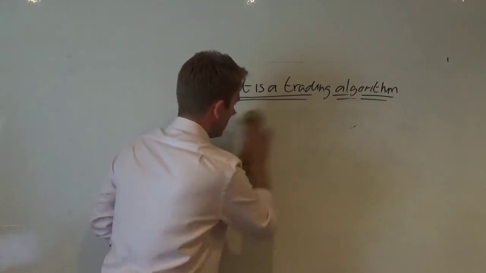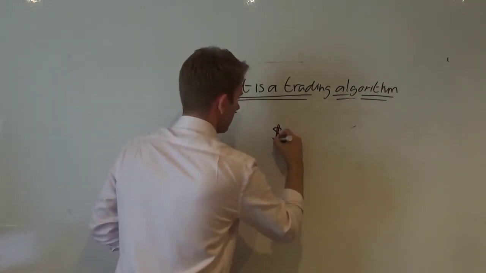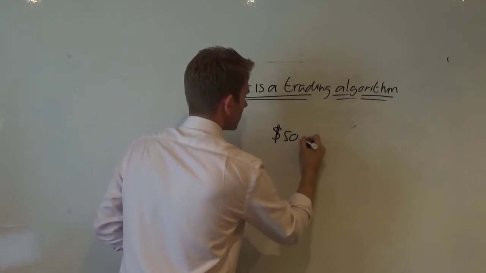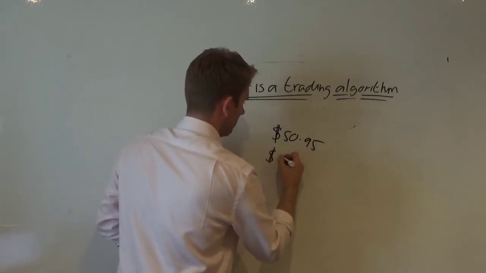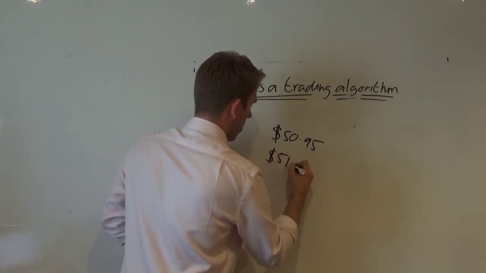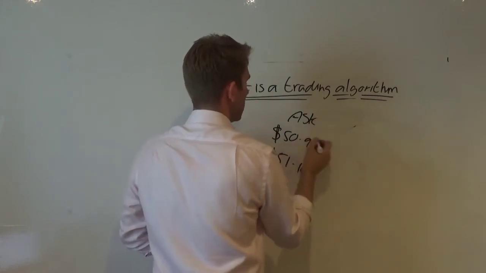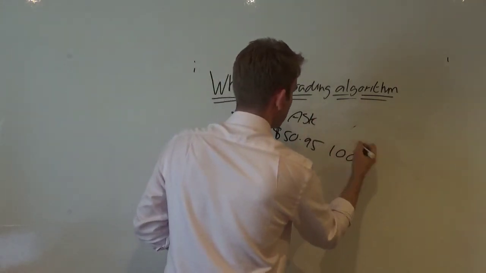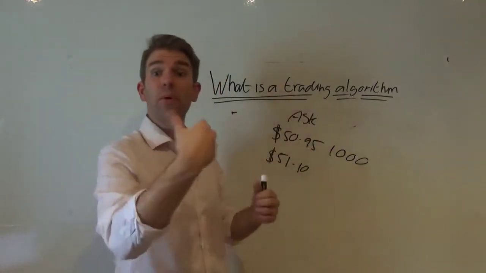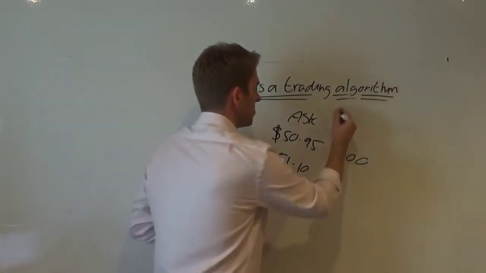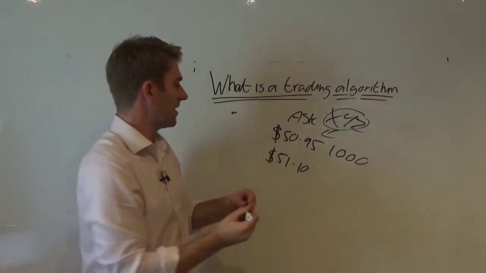Let's say we have the best offer here at $50.95, and the next level is 51.10, for example. That's your ask. In other words, that's the level, and you've got 1,000 shares sitting there, right? Imagine that's your level 2 screen. If you're buying 1,000 shares of this XYZ stock, you're going to get filled at 50.95.